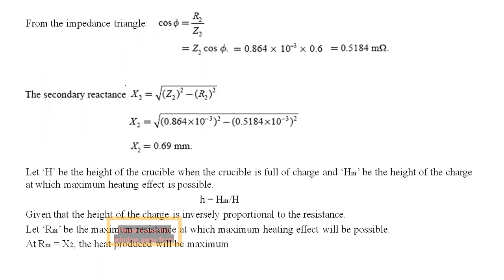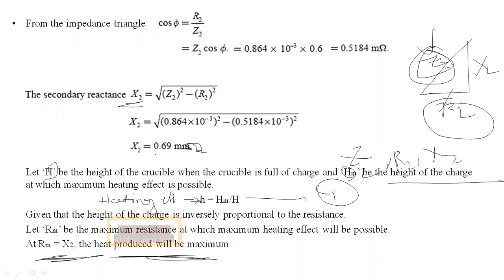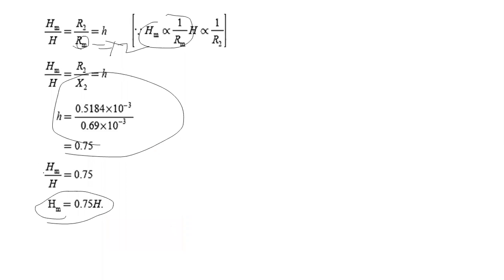H is equal to R2, which we have calculated, and X2, the secondary side reactance, we also calculated. From this you get the H value. Just placing the value of H in the first equation, H is equal to Hm by H, we get the depth of your charge to be heated where the maximum amount of heat is possible.